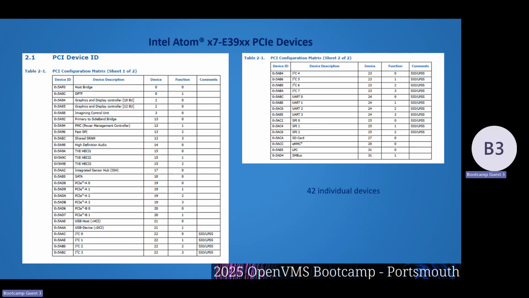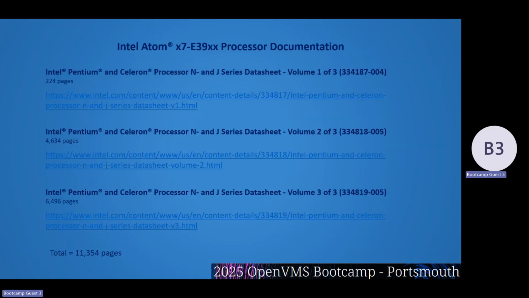There are 42 individually addressable PCIe devices inside that chip. This is the guy, the P2SB, that it took 2 years, a trip to Texas, and a confidential NDA with Intel for me to figure out how to get to it.